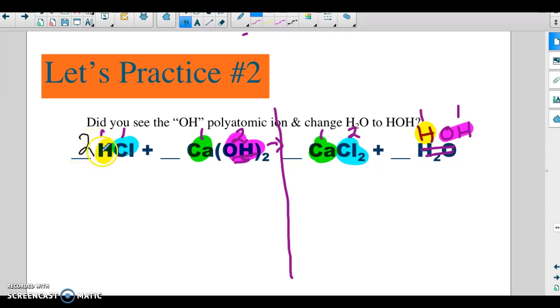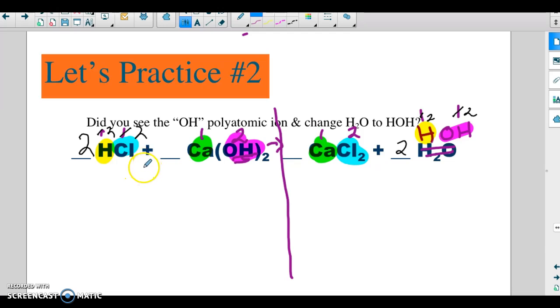Now you can see I have 2 hydrogens, the yellow hydrogen. So I'm going to come over here. I want to have 2, so I'm going to put a 2 here. So while I'm doing this, I just changed these 2. And over here, I did change by putting that 2. I now have 2 and 2.